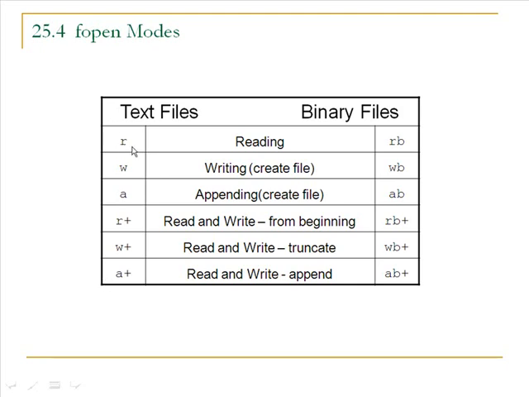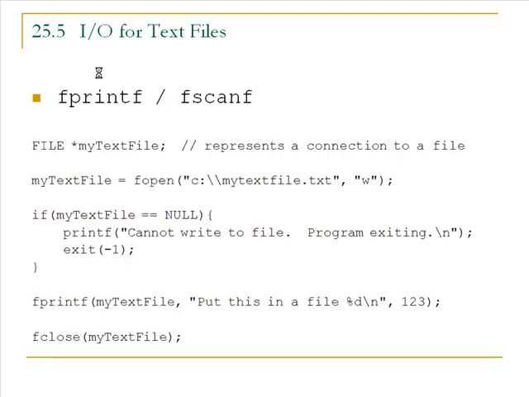If you open a text file for reading, you're going to use r, or w if you're going to write, or a if you want to append things to the end of an existing file. So these are the modes that you have to use when you're opening a file for reading or writing. Let's look into this a little bit more. We're going to look at how we would do input and output for text files.